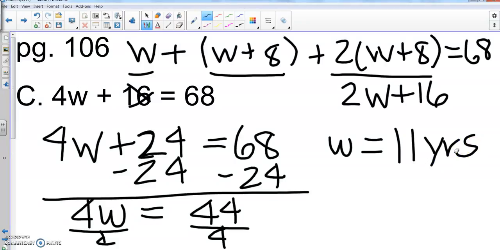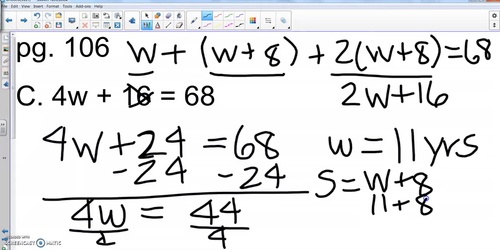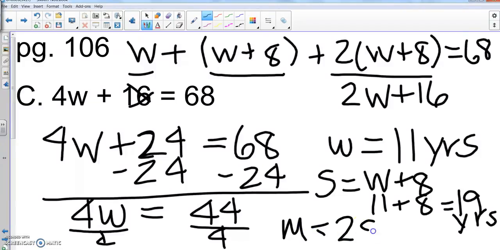Okay, so if I go back to the other stuff, I said that Sam was equal to Will plus 8. Well, I now know that Will is 11. So 11 plus 8 means Sam is 19. And then the last one was Mark. Mark is equal to 2 times Sam. I now know Sam is 19.